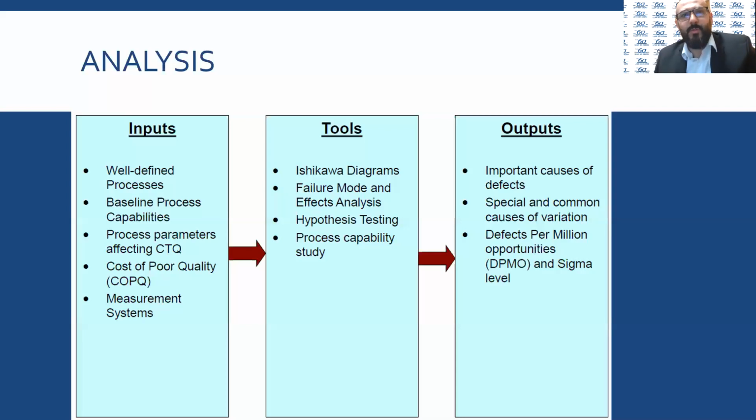And the last tool that we're going to use, which is, I believe, the most important tool for the Lean Six Sigma, because it will give you an idea how to calculate the sigma level in a process. This is called the process capability study. So we need to do the process capability study. Once we used all these tools, we're going to have some output, such as important causes of defects.